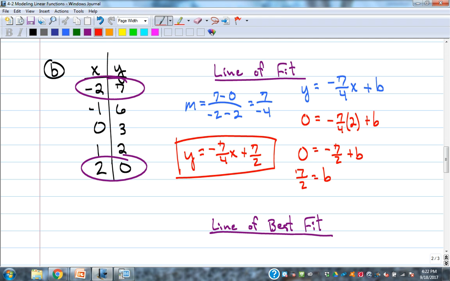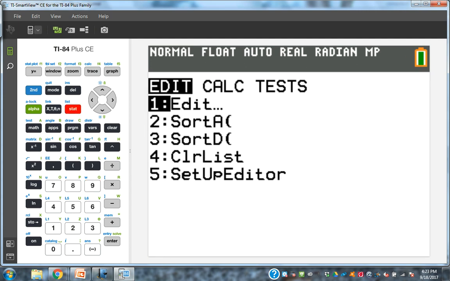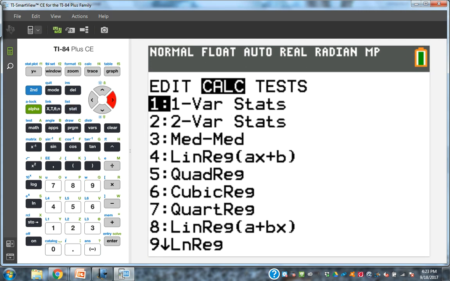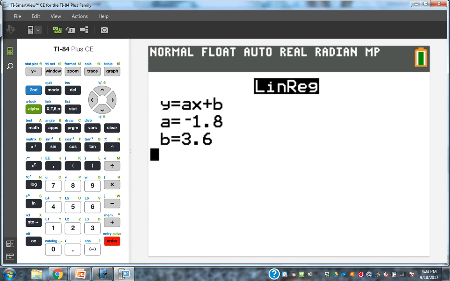And then the easy thing is the line of best fit. You just punch the buttons and it does it. So what buttons do we punch? Stat. Calculate. Right arrow to get to calculate. 4 for linear regression. Everything should be set up for me to just tell it calculate that thing.